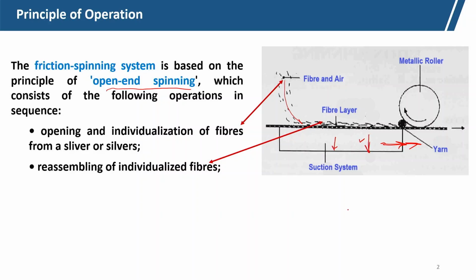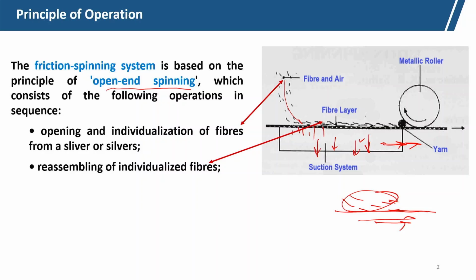We can have a plane surface, suppose one plane surface is moving, and if the fibers fall on it, then what will happen? The fibers simply fly away with the air current or maybe this movement of this surface. That is why this moving surface is made perforated. So, through this perforation air suction is there.